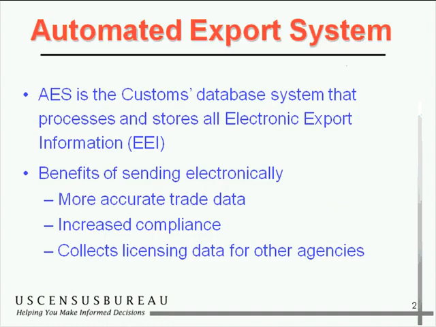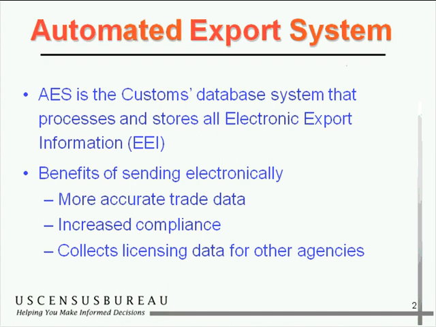Just a brief background of the Automated Export Systems. The Automated Export Systems, or AES, is a free service provided by the Census Bureau to the trade. AES is the customs database system that processes and stores all electronic export information, or EEI.